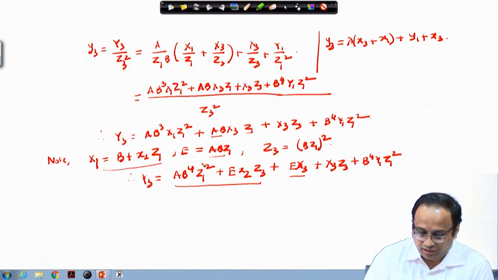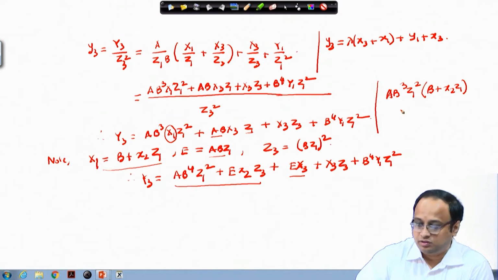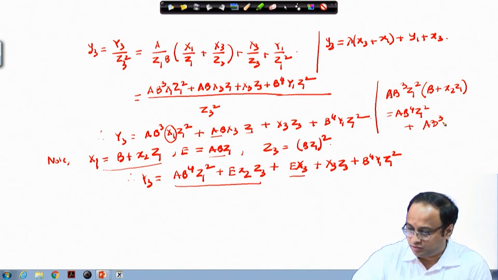Okay. And likewise, you can just verify this, that is, if I for example write ab cube Z1 square, and instead of capital X1, I write b plus x2 Z1, then I have got a b to the power of 4 Z1 square plus ab cube, and so I have got ab cube Z1 to the power of 3.